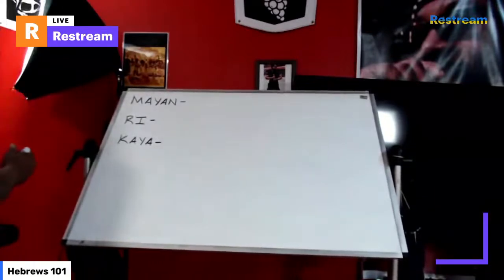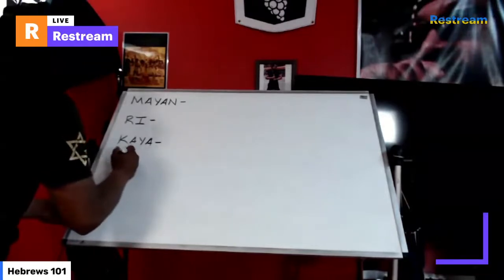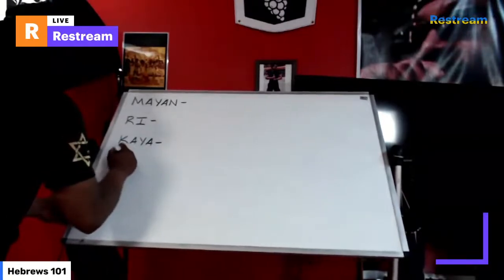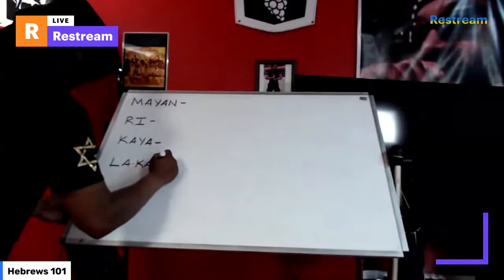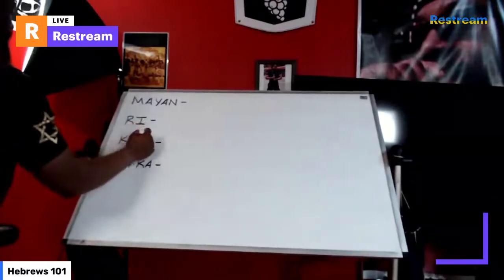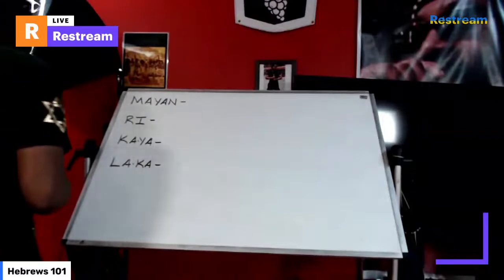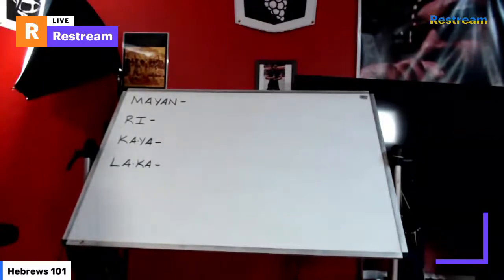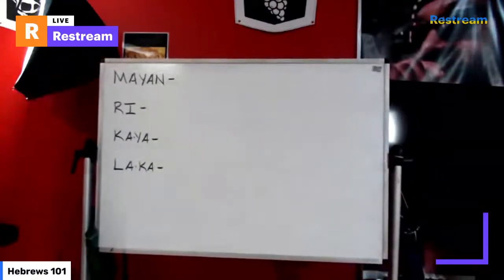So far we have Mayan, Rye. Then we have Kaya, or Kaya, then Lakam. All right, let's look at that. We have Mayan, Rye, Kaya, Lakam.